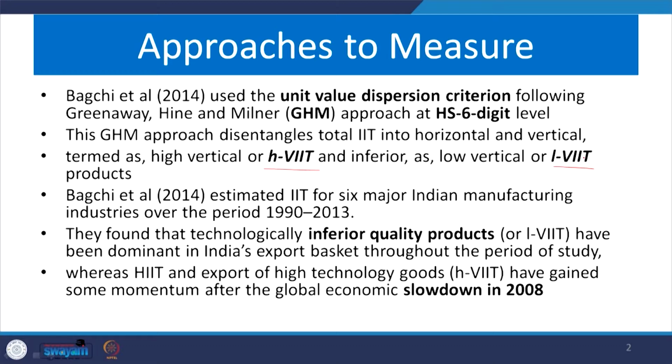It has been observed, based on the Bagchi article published in 2014, covering 6 major Indian manufacturing industries over the period 1990 to 2013, that India's products exported were largely of the LVIIT variety, which means the products are majorly inferior in nature, inferior by technological content.